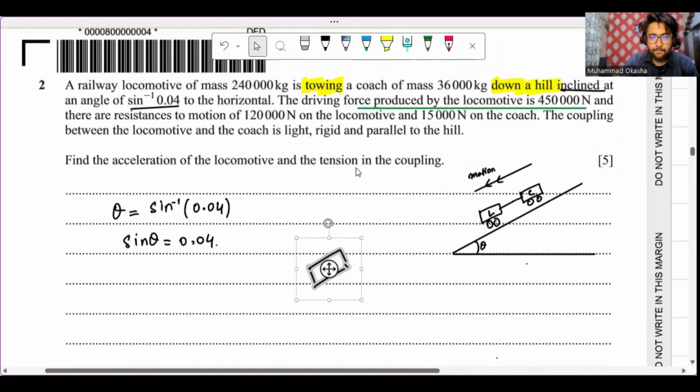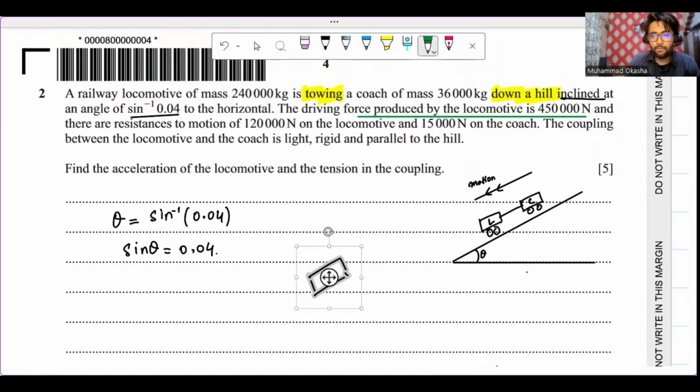The locomotive has a driving force. Of course, if it's going in the downward direction, the driving force will be in this direction. The driving force produced by the locomotive is 450,000 newtons. Pretty big numbers.